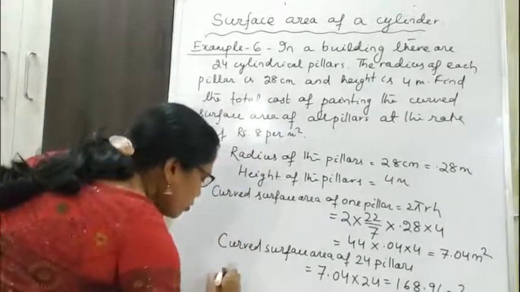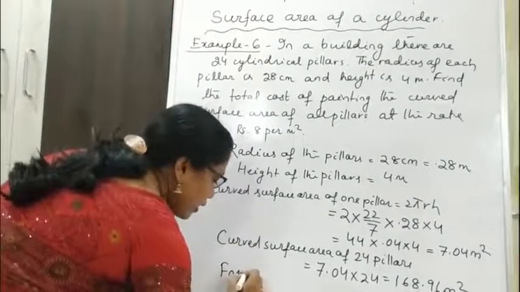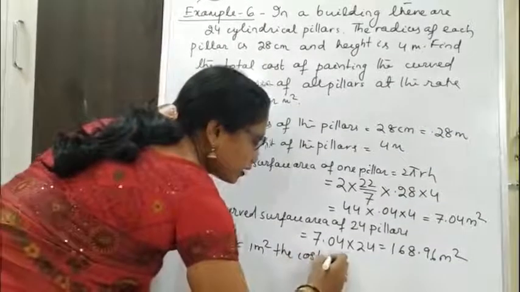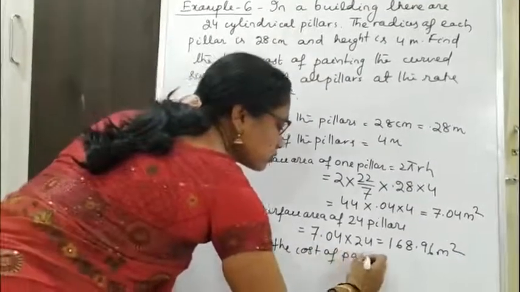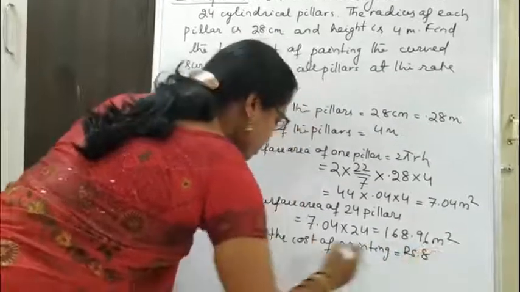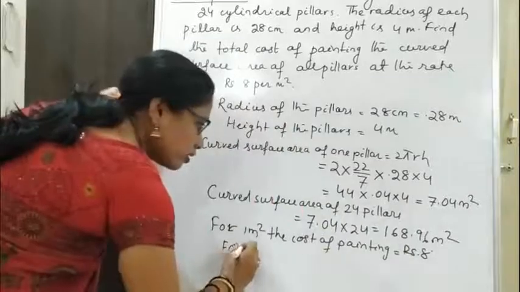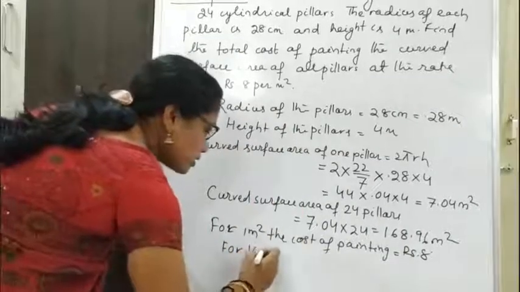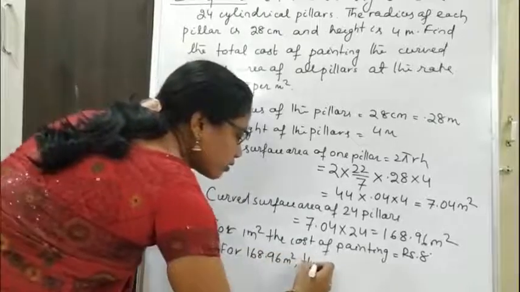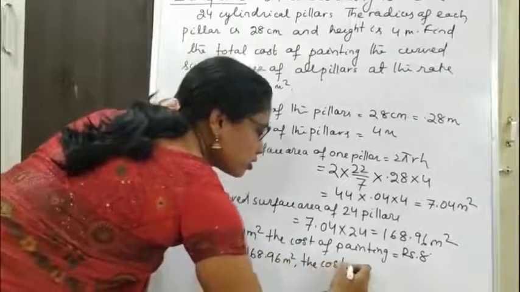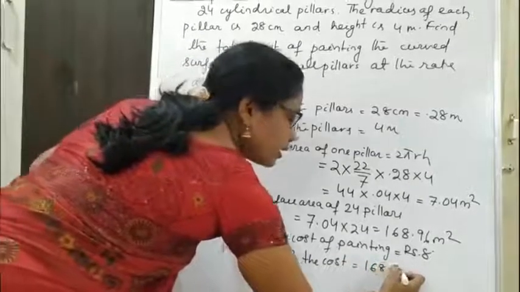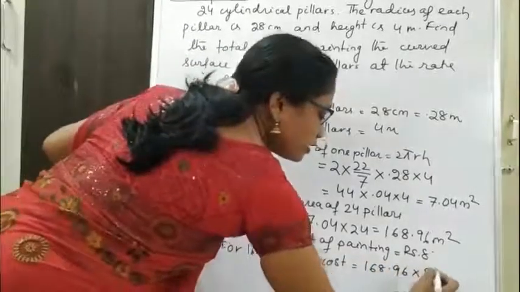So for 1 meter square, the cost of painting is equal to rupees 8. So for 168.96 meter square, the cost of painting is 168.96 multiplied with 8.